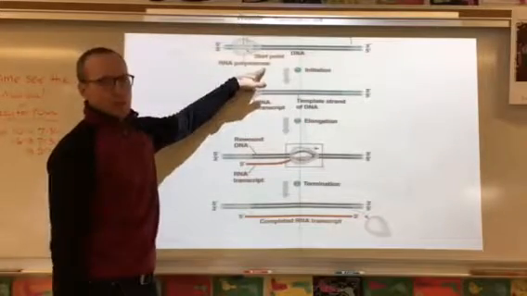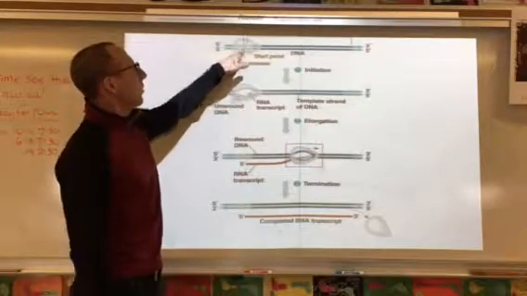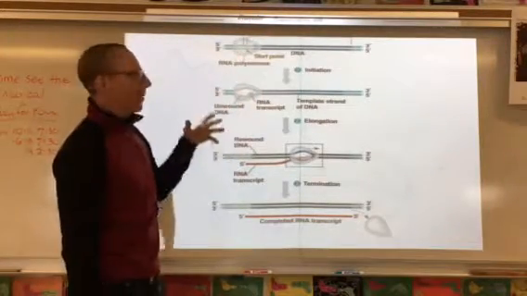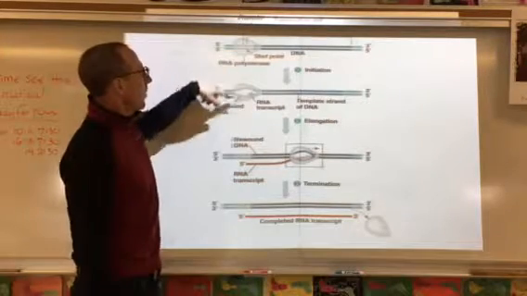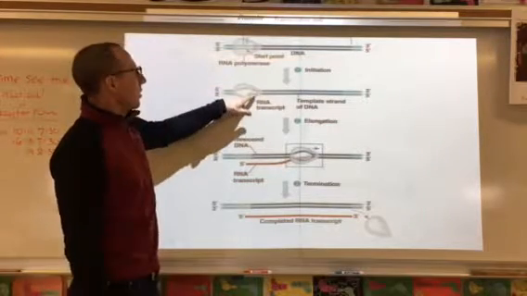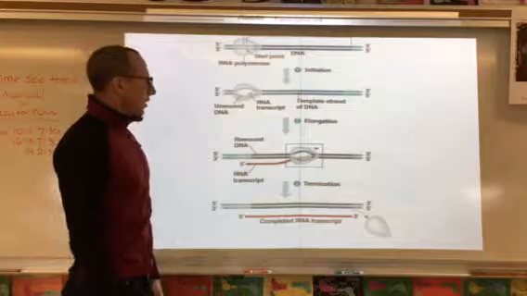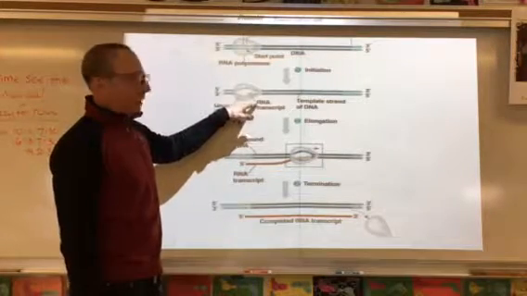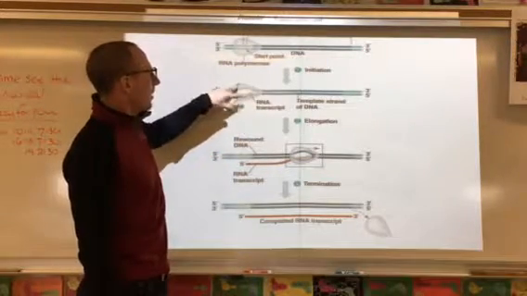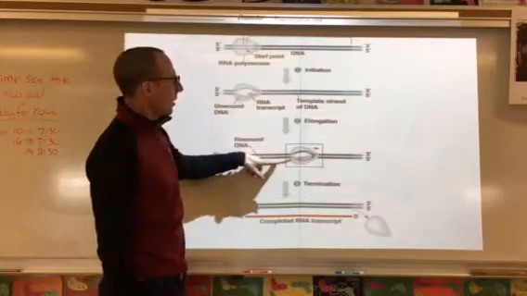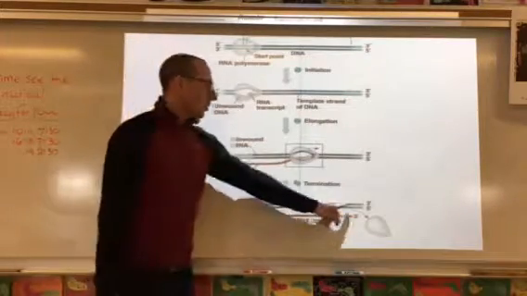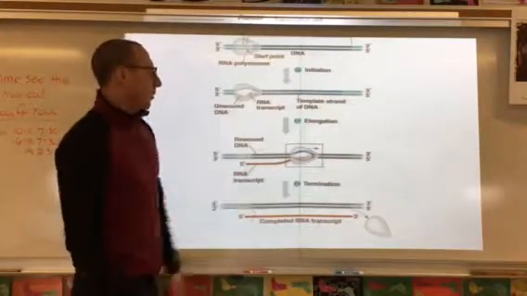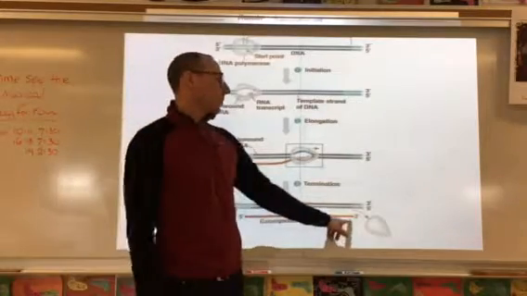The ase tells you it's a protein enzyme, binding to the promoter region, which has the TATA box in it. From here, it begins to transcribe RNA, okay? It unwinds the DNA and starts to elongate the RNA, and then it'll hit a termination signal and it'll pop off. And now we have this completed RNA transcript.